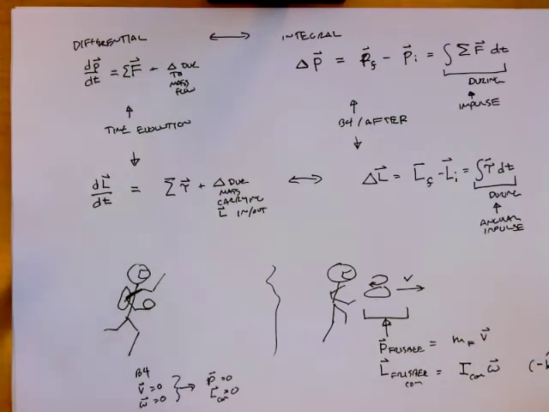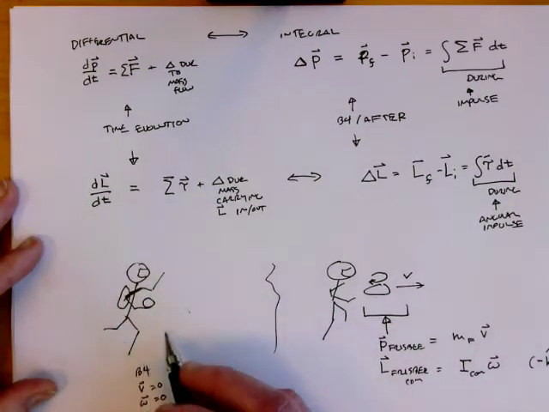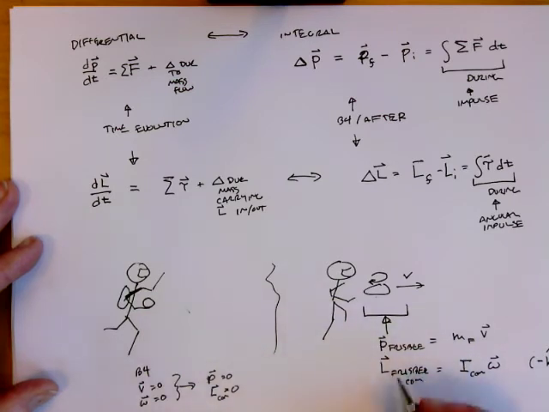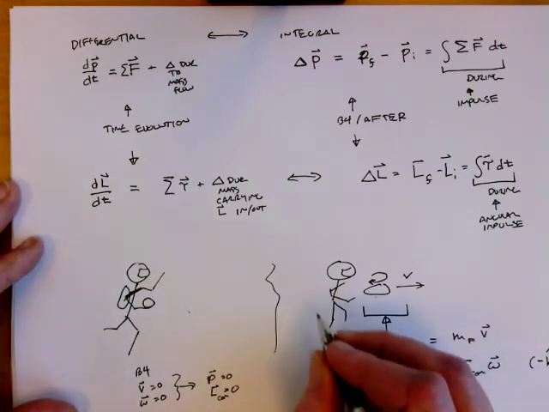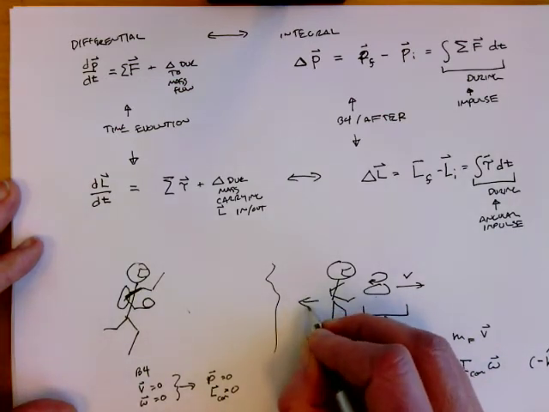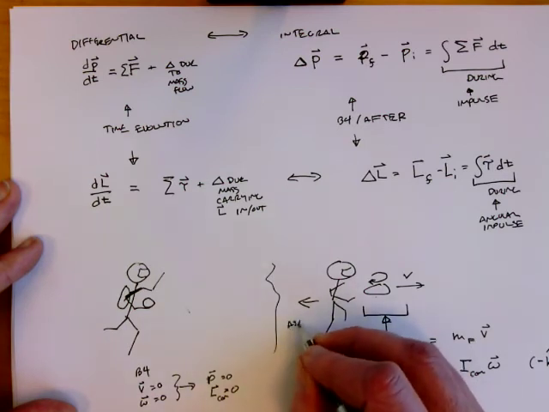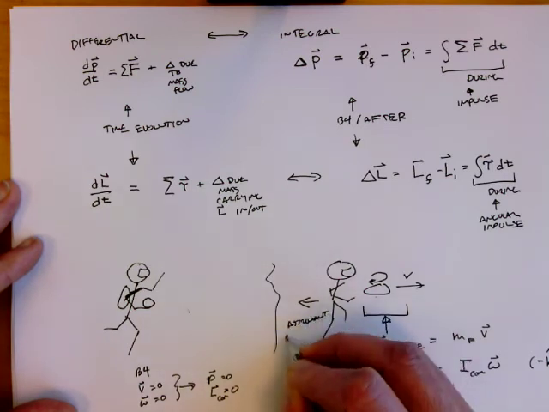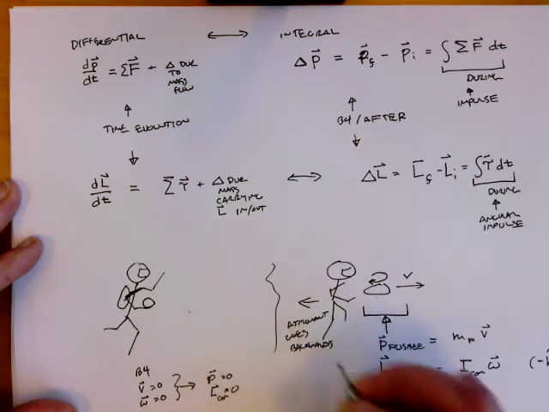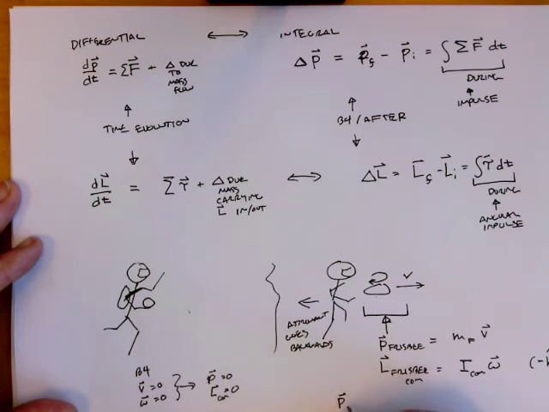So what does that mean about the astronaut? Well, given that the linear momentum of the system was 0 initially, the final momentum of the system must be 0 as well, which means that the astronaut, first of all, must be moving backwards. And that's got to satisfy the condition that the final momentum of the astronaut is minus the final momentum of the Frisbee, right?